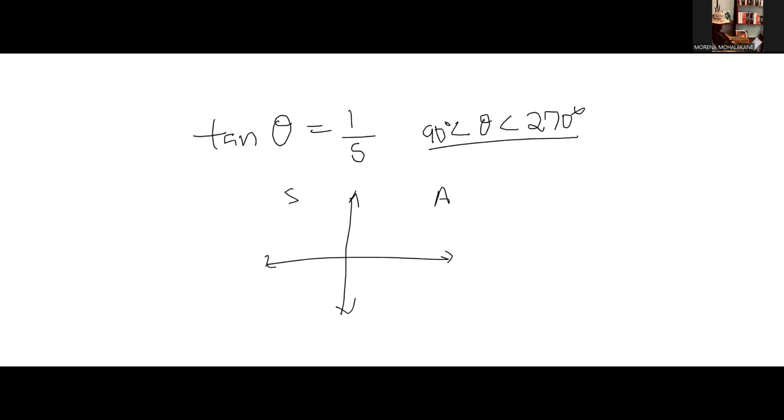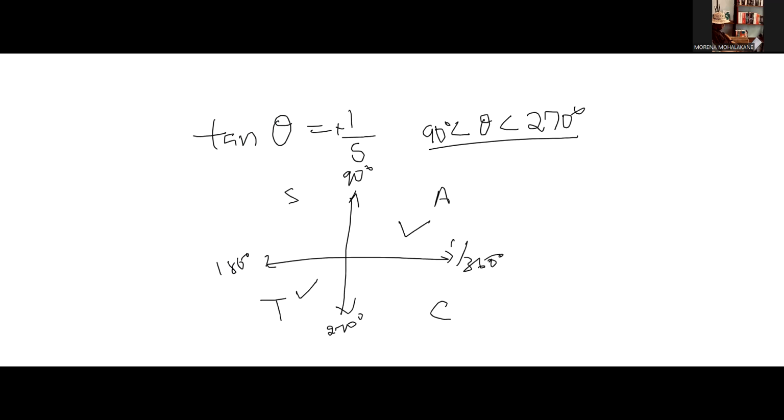Now, what's important here is where tan is positive. I know tan is positive here. I also know that it's positive here. Then the interval from 90, I know that this is 90 here. I have 180, 270, 360 here. But remember, it starts at 0.